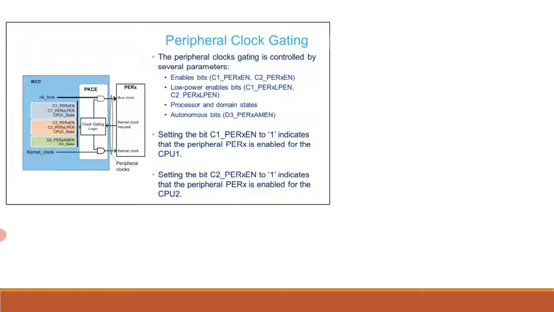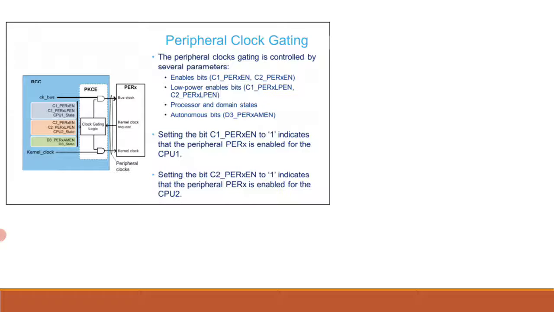The clock enable bits: each processor has a dedicated control bit for that, named C1_PERx_EN and C2_PERx_EN, same for simplification. The low power clock enable bits, and the processor states, that is CRun, CSleep or CStop.